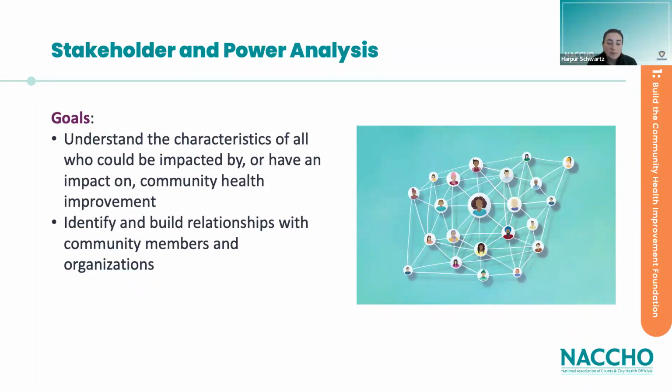And to also use the information you gather about stakeholders to identify and build new relationships within organizations and community members. So this is intentionally the very first step of MAPP so that you can intentionally include community members and partners broadly in the MAPP process with an understanding of what influence they may have over the process.